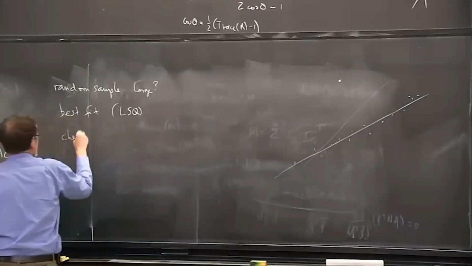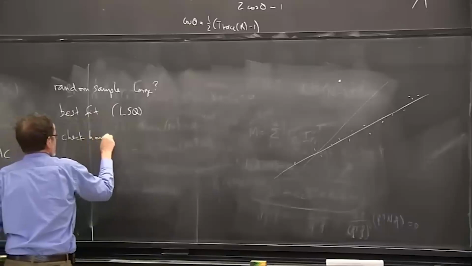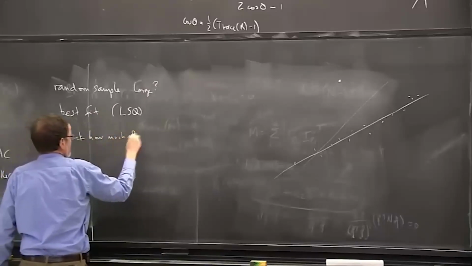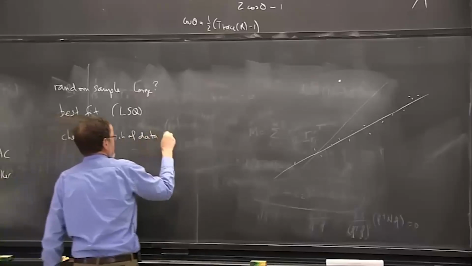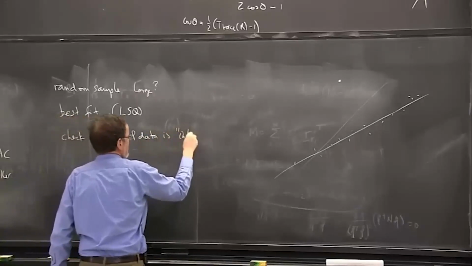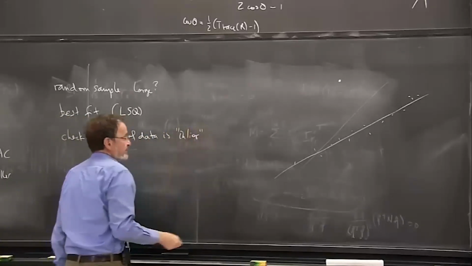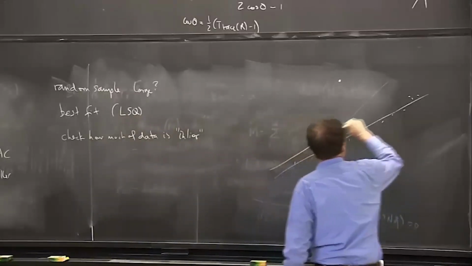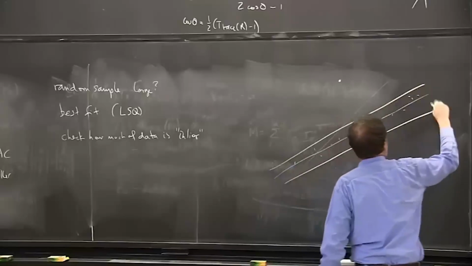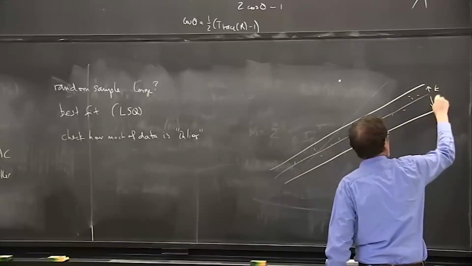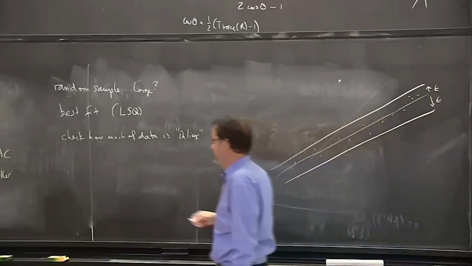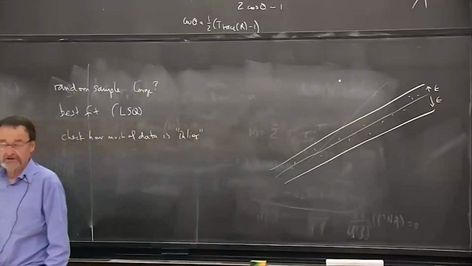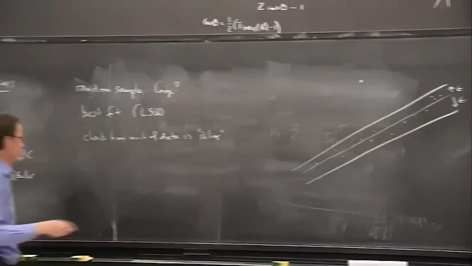Then check how much of the data agrees. If that's your fit, you have some sort of band, and you count how many of them fall inside.